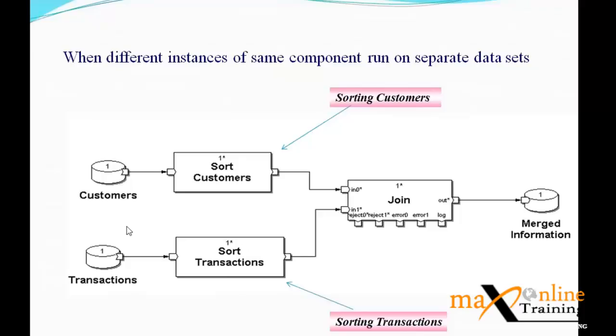So if you increase the phase of the sort component on transactions, then these two sort components will not execute at the same time, correct? Right. So you will be modifying the default behavior of component parallelism, and in that case component parallelism cannot happen. So the types of parallelism which the graph exhibits will be largely dependent upon our actions.